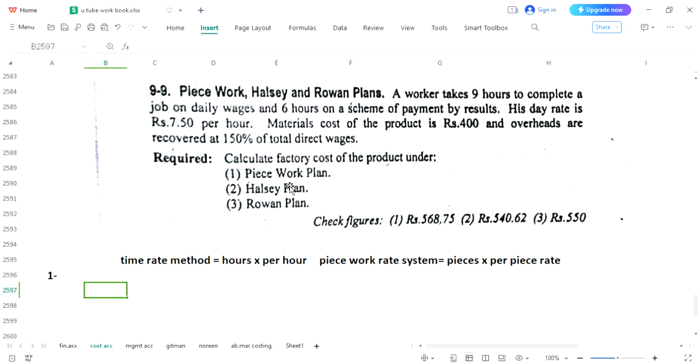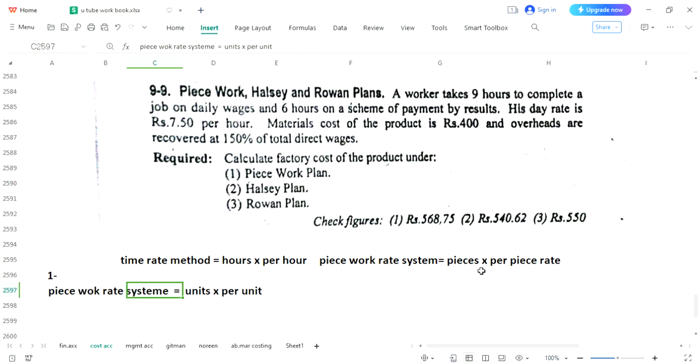For the piecework rate system, it has been described: the piecework rate system contains a formula where you will be working on units, and it would be multiplied by per unit. So this is your formula which would be used, and the same formula is written over here as well.